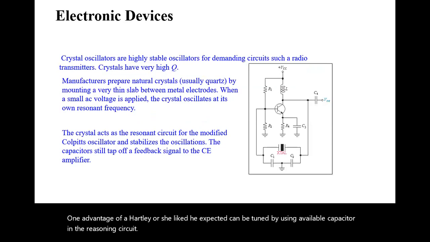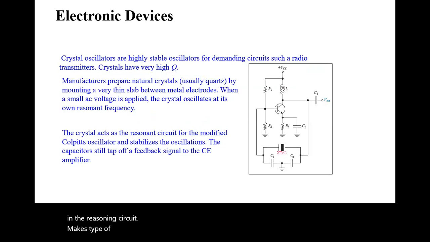The next type of oscillator we call the crystal oscillator, a highly stable oscillator for demanding circuits such as radio transmitters. Crystals have a very high Q value. Manufacturers prepare natural crystals using quartz by mounting a very thin slab between metal electrodes.